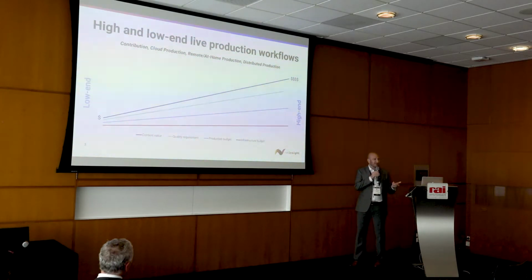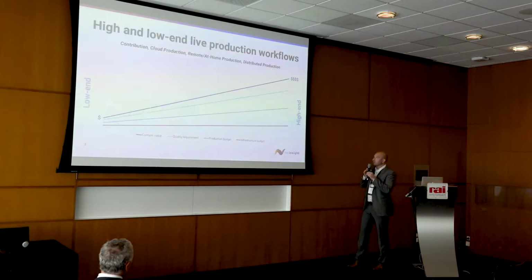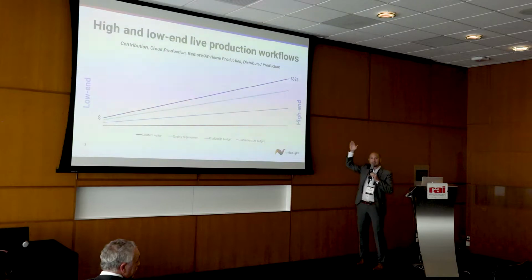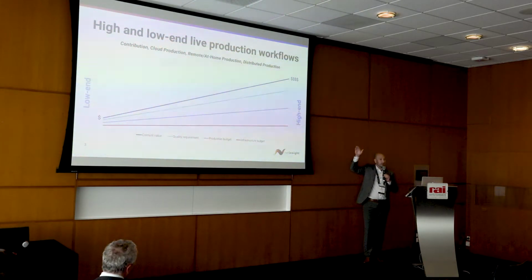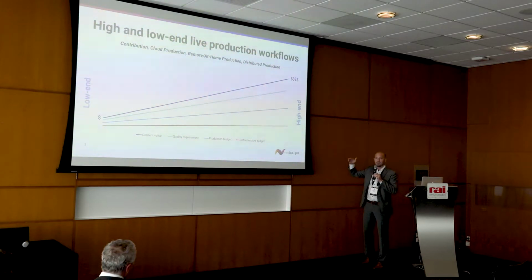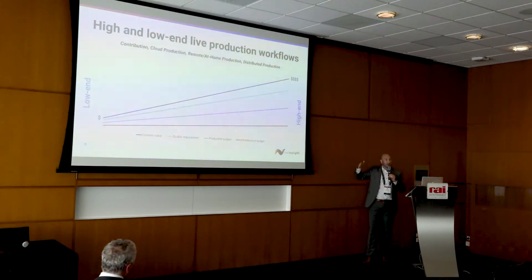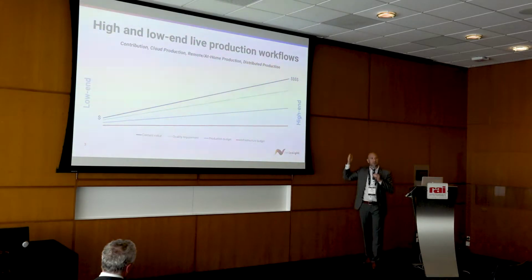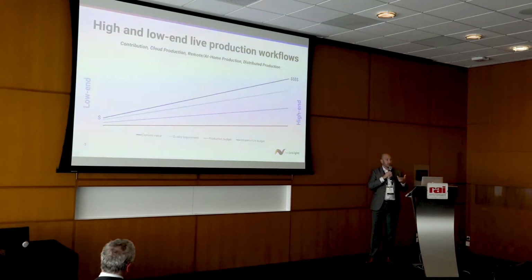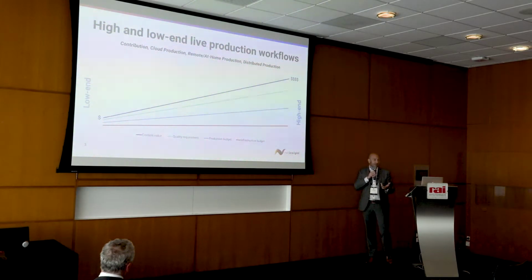This may be very simplistic and very natural, but if you look at the extreme high end, let's say you're transmitting Premier League, you have a very high content value, you pay a gazillion for rights. You're bound to have extremely high quality requirements, and therefore you have a high production budget and high infrastructure budget, meaning that you can afford to have very high requirements on that infrastructure as well.